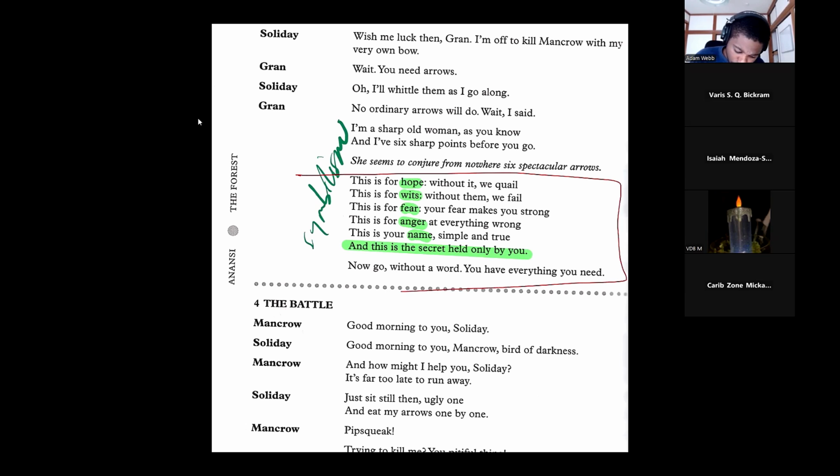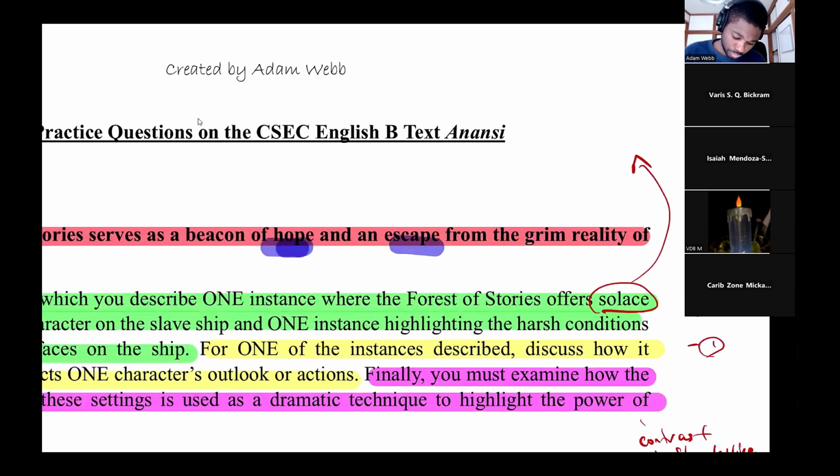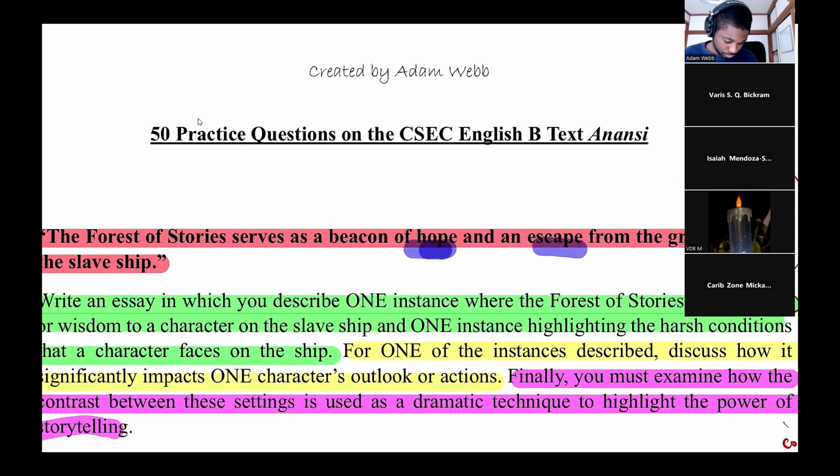So the first part, the girl actually resorts to going with mother into the forest of stories to find solace and power and wisdom in how we deal with the trauma that's going on with us down in the hole. So that's what I would start with as one of the instances that speaks directly about the forest of stories that offers solace and wisdom to the character.